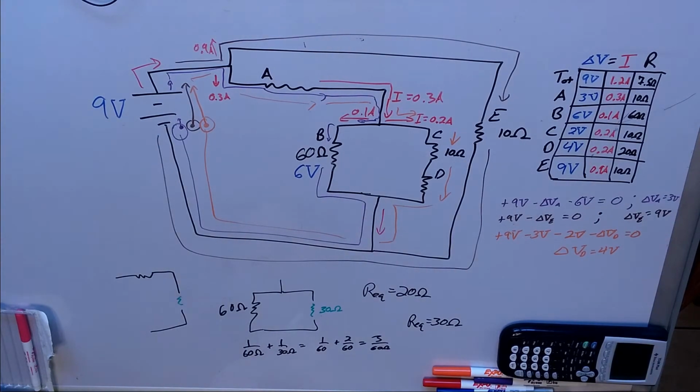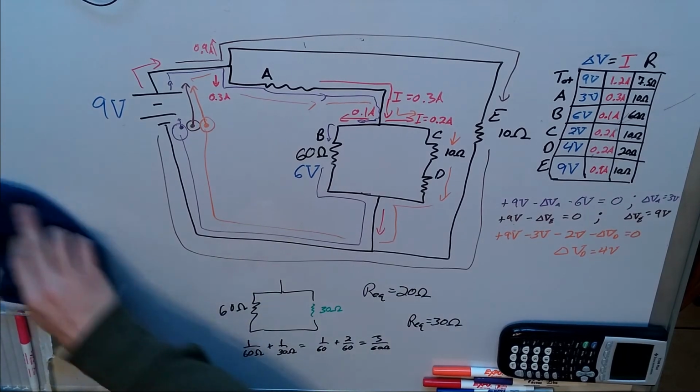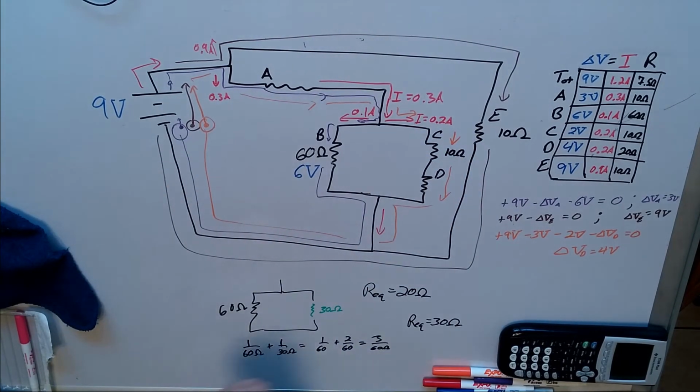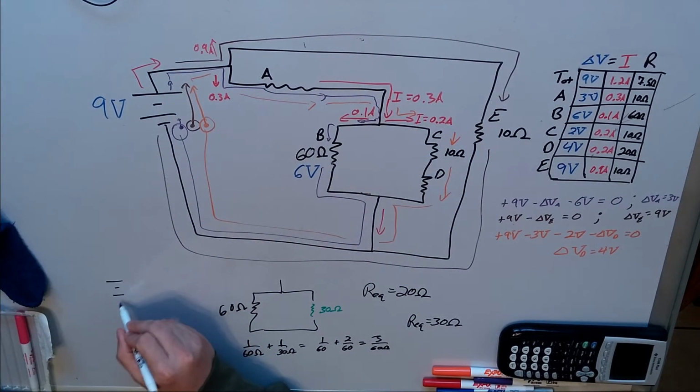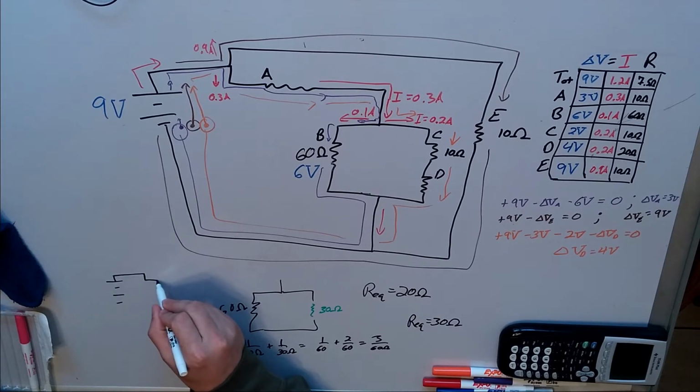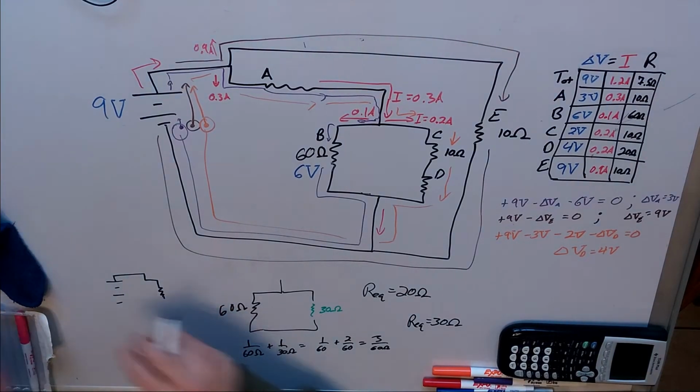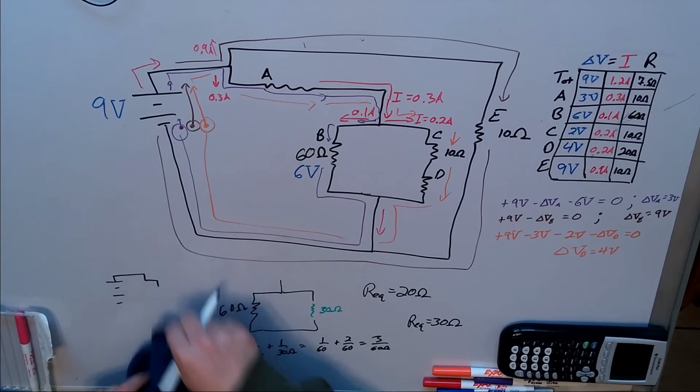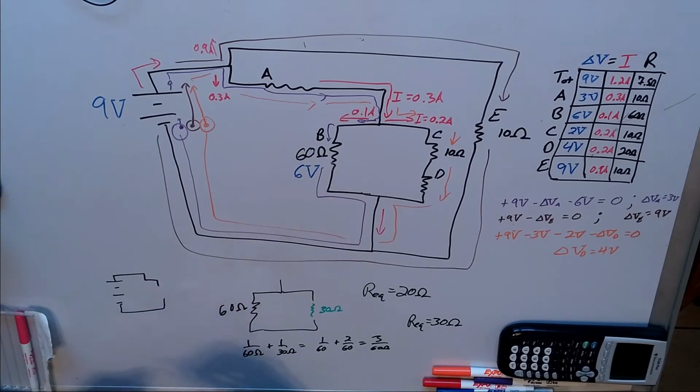All right, so drawing that out, let's see, I'm going to go ahead and erase this. We have basically this entire branch of the circuit simplified down into one thing. Oops, I should probably do that in green because it's an equivalent resistance. And we said that it was 30 ohms.